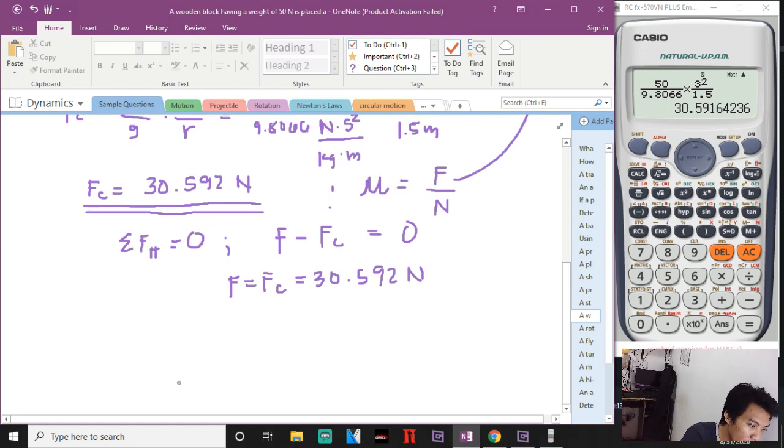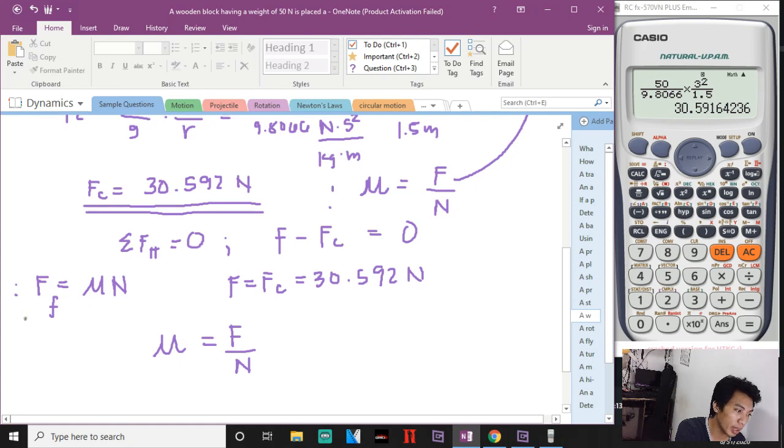So, you can solve na yung ating coefficient of friction, mu. F over N. Take note ha, kasi pagdating ng ating statics, F, or the frictional force, equal to mu N. So, recall tayo niyan.